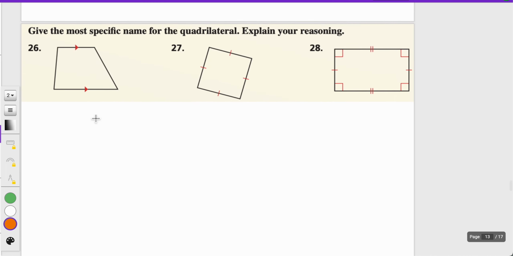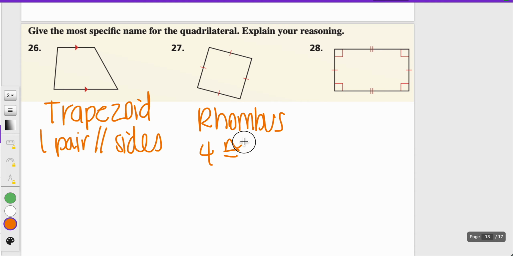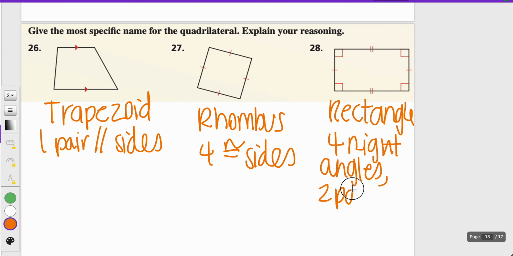For number 26, giving specific names, we've got a trapezoid because we have one pair of parallel sides. Number 27, we would say this is a rhombus because we're showing 4 congruent sides. And then 28, we can say this is a rectangle because we have 4 right angles and 2 pairs of parallel sides.